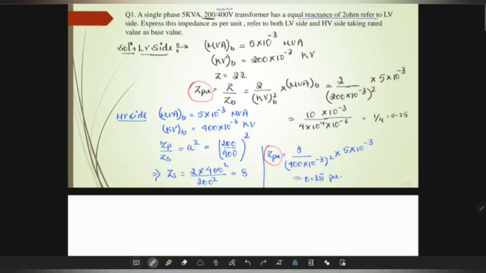Now what we observed here is that we need to take two sets of base voltage, one for the LV side and another for the HV side, right?